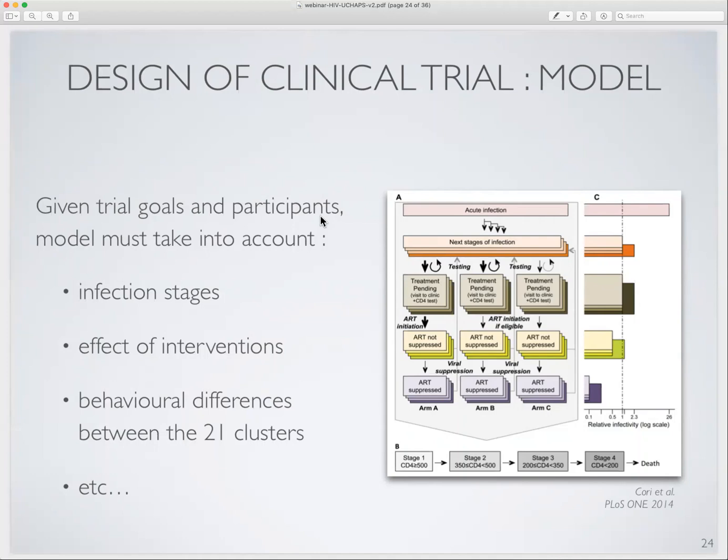And this inventory of parameters is done not only by modelers, but also with the support of epidemiologists and clinicians. And here, for example, you need to know what the a priori effects of treatments and circumcision are, whether there are any behavioral differences between the 21 communities, the 21 clusters targeted by this trial, et cetera, right?